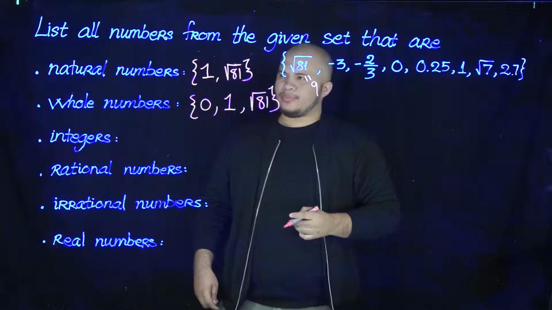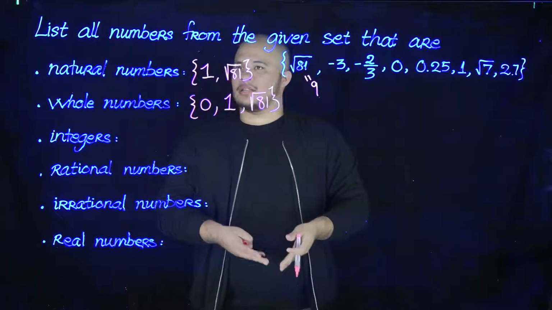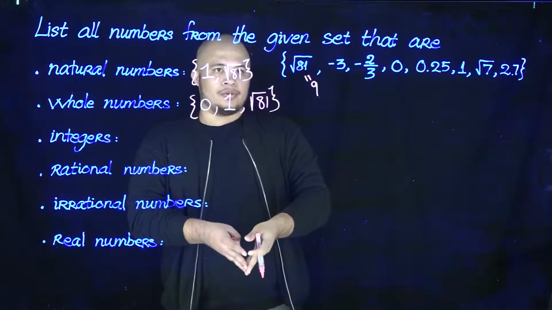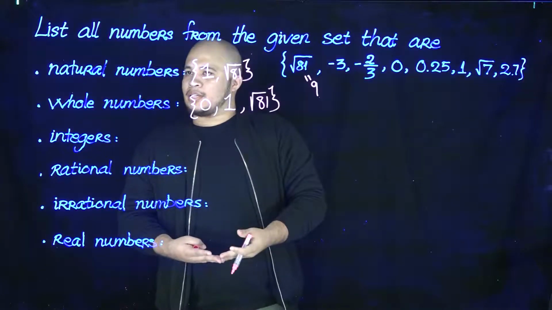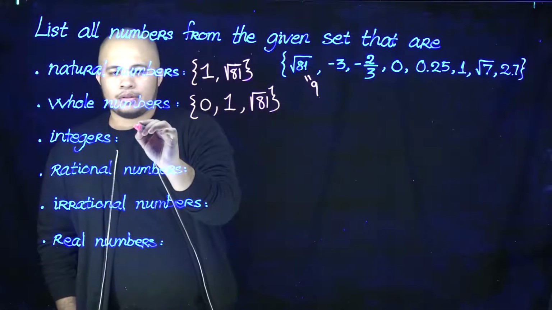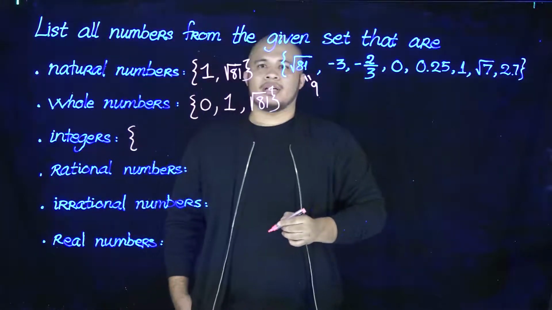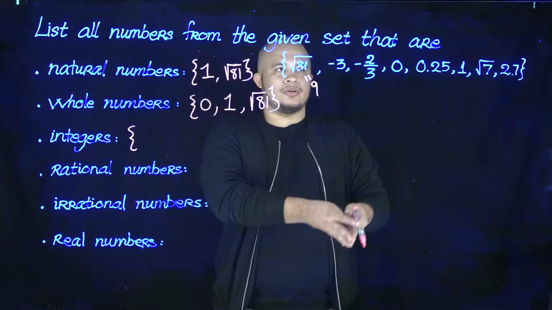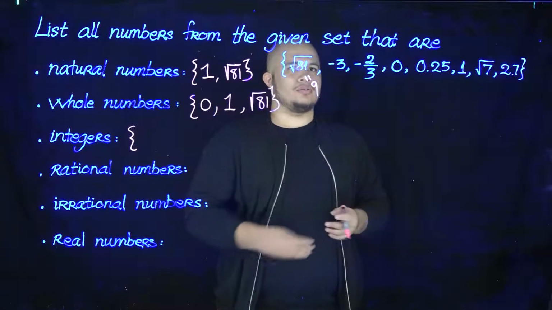Now, the natural number takes care of the positives, the 1, 2, 3, 4. And the whole number introduces the 0. So right now what we're missing is the negative number. So the integers will introduce the negative numbers -3, -2, -1, 0, 1, 2, 3, and so on and so forth.